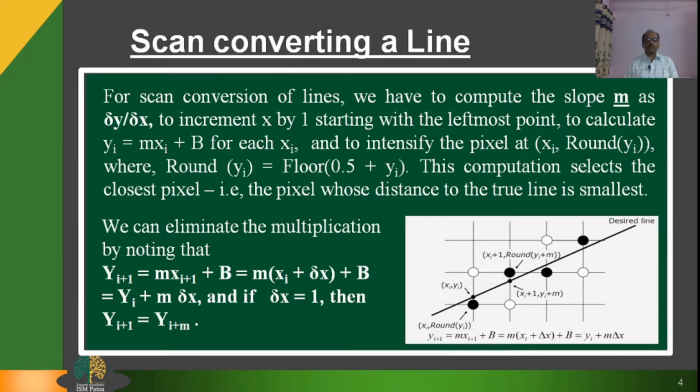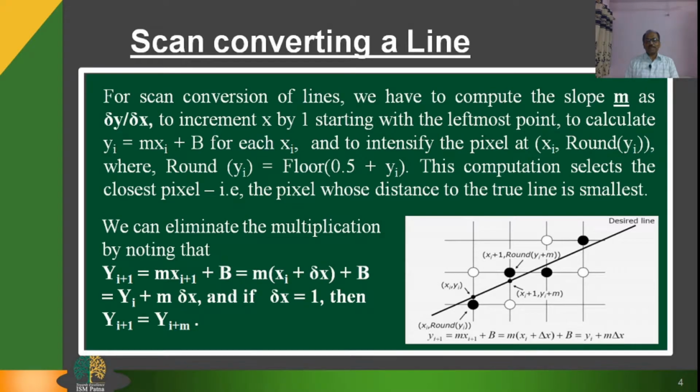The next one is the line. The simplest strategy for scan conversion of lines is to compute the slope m as delta y by delta x, to increment x by 1 starting with the leftmost point, to calculate yi equal to m xi plus b for each xi, and to intensify the pixel at (xi, round(yi)), where round(yi) is equal to floor(0.5 plus yi).